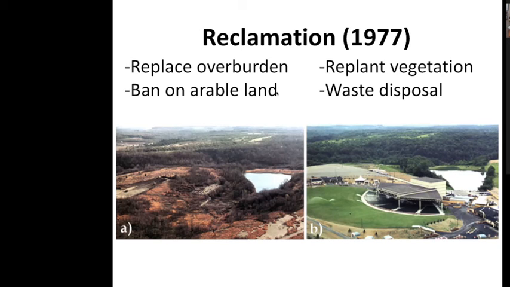The law also banned mining in certain areas. If that land can be used for farming, they said you cannot mine here. They protected some parks and things. And then finally, you have to do something with all the pollution. I think this is a great solution down here. If we take an area that might be toxic from an old mine, you definitely don't want to build a neighborhood right there.